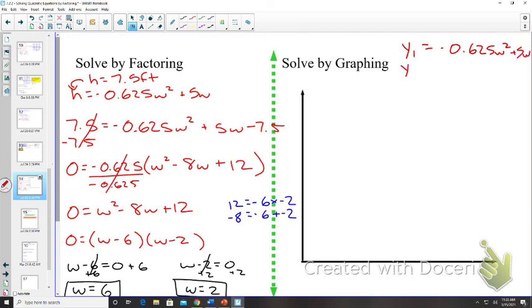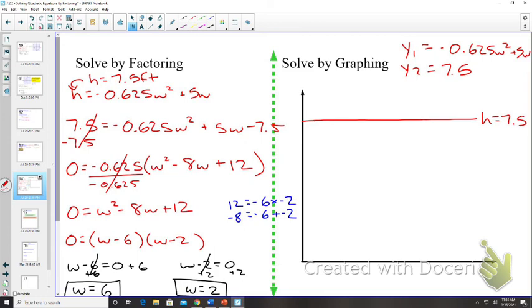And our y2 is going to be what? What do we care about, width or height? The height, right? So y2 will be 7.5. Are you guys with me still? Okay, so this right here is where h equals 7.5.